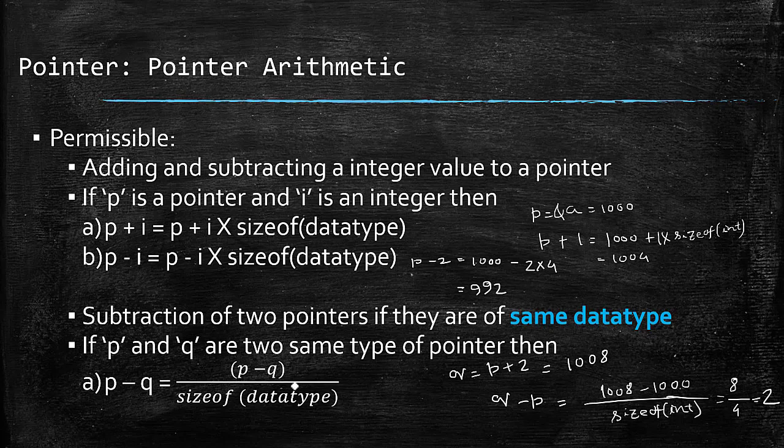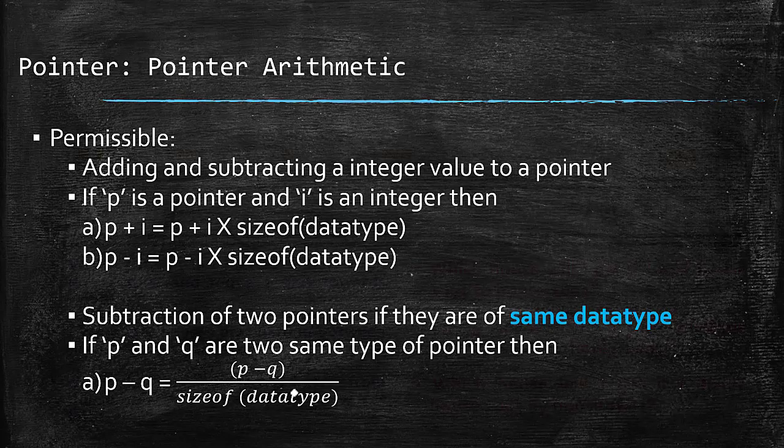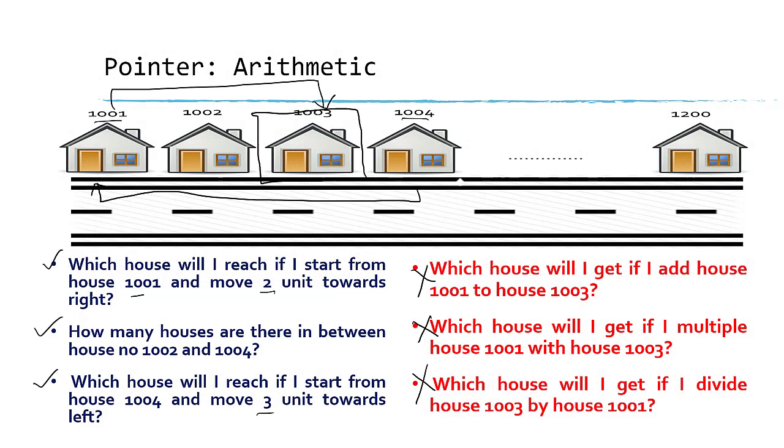Why are we dividing by the size of the data type? Considering this example, what we are actually finding in question number 2 is how many houses we can allocate in between these two, 1002 and 1004 houses. As they are all of one unit, we are subtracting and then dividing by the size of the house.